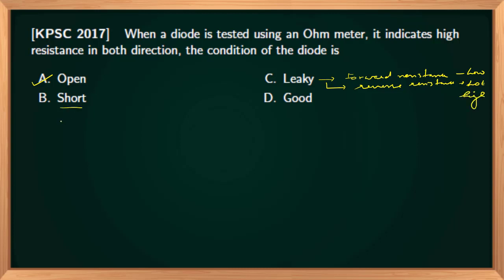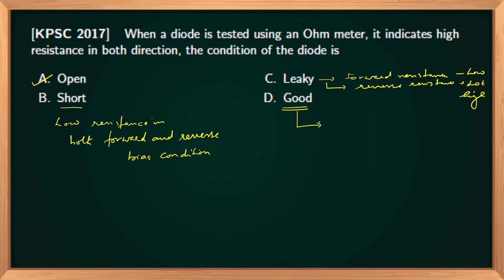If it is a short, it shows low resistance in both forward and reverse bias conditions. If it is a good diode, then it should show low resistance in forward bias and very high resistance in reverse bias condition. So the correct option in this case is option A.